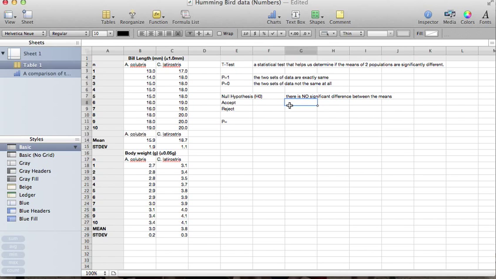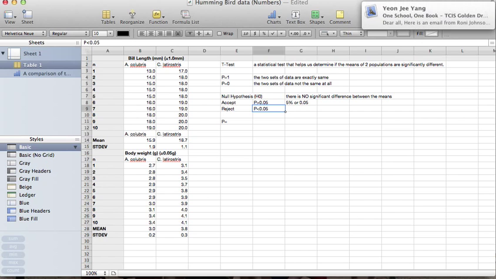In biology, this point is usually 5%, or 0.05. So in order to accept the null hypothesis that there is no significant difference, the probability needs to be greater than 0.05. To reject it, the probability needs to be less than 0.05, or exactly equal to it.